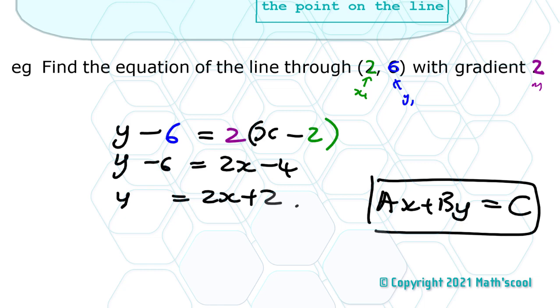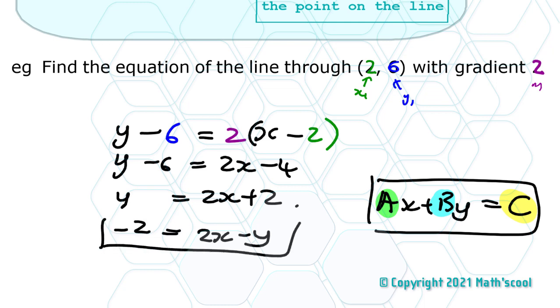And we don't want any fractions, so a, b and c would not be fractions. We would multiply through by denominators if we did have fractions. So I'm going to rewrite this as 2x minus y equals minus 2. So there's my equation, my line, ax plus by equals c.